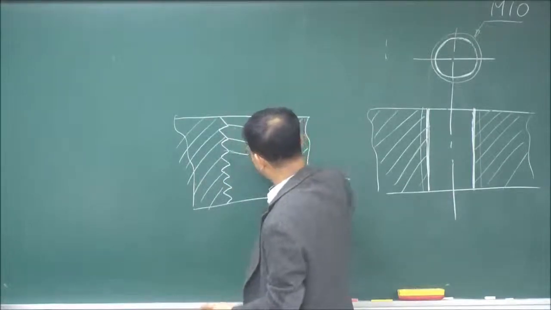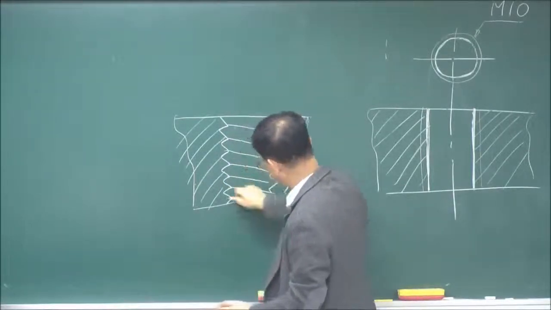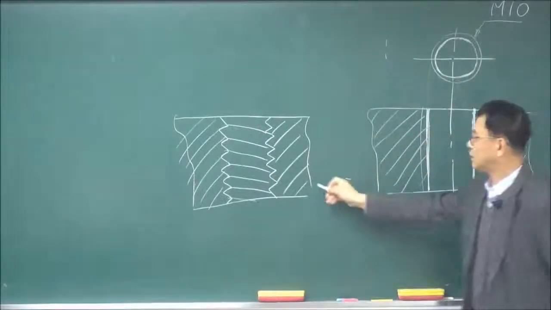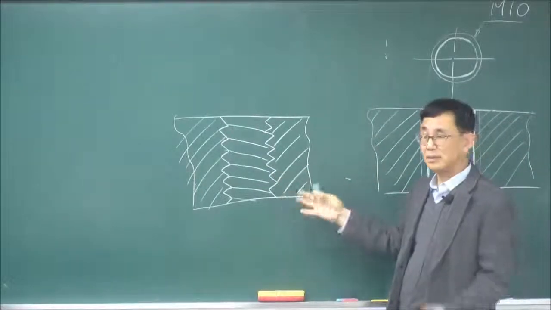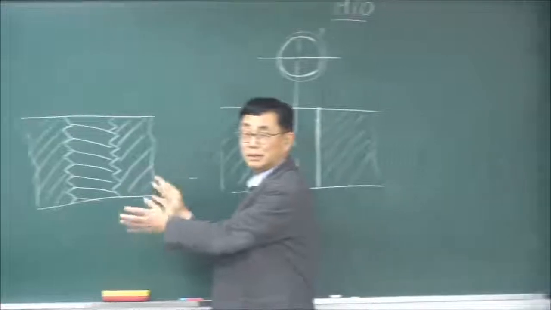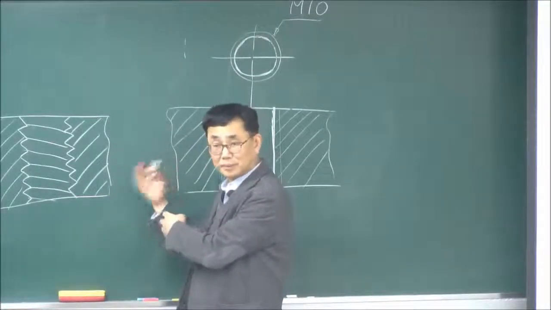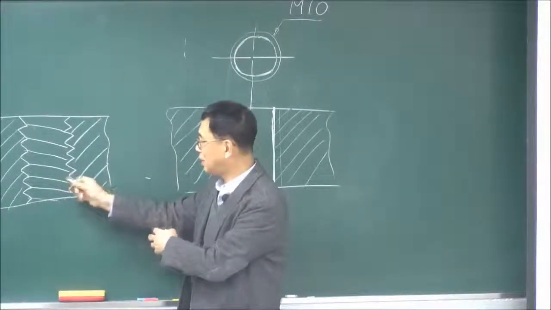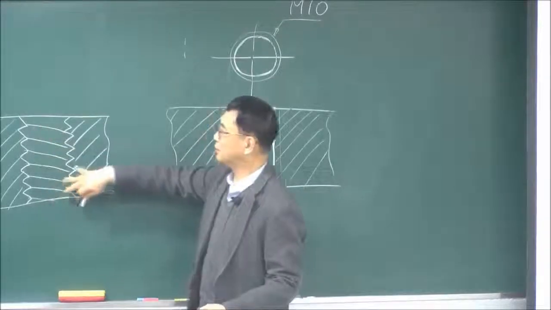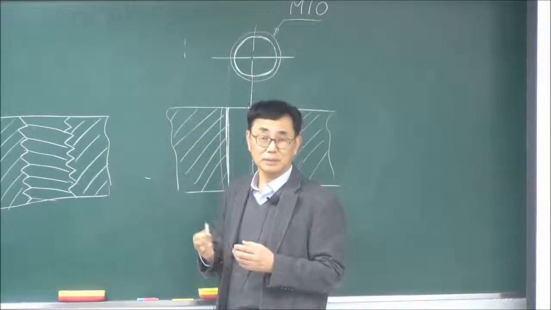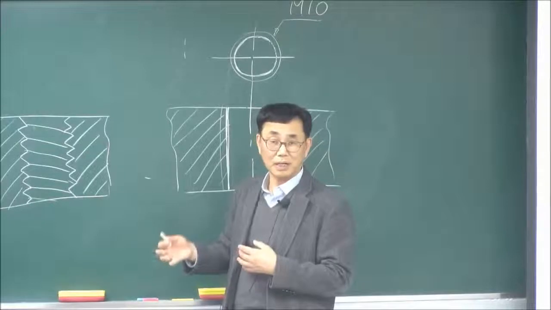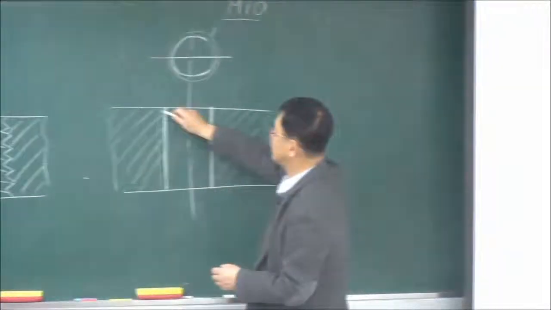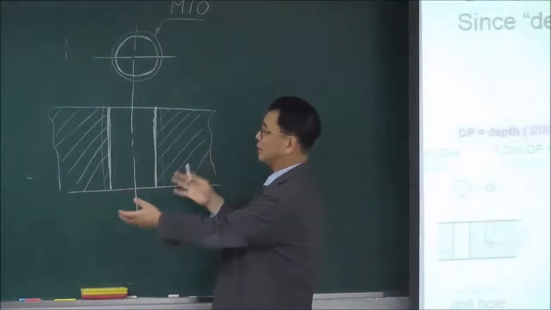This is a drawing which obeys the perfect projection rule. But since making this drawing is very complicated and consumes so much time, this is actually an abbreviation of this drawing.